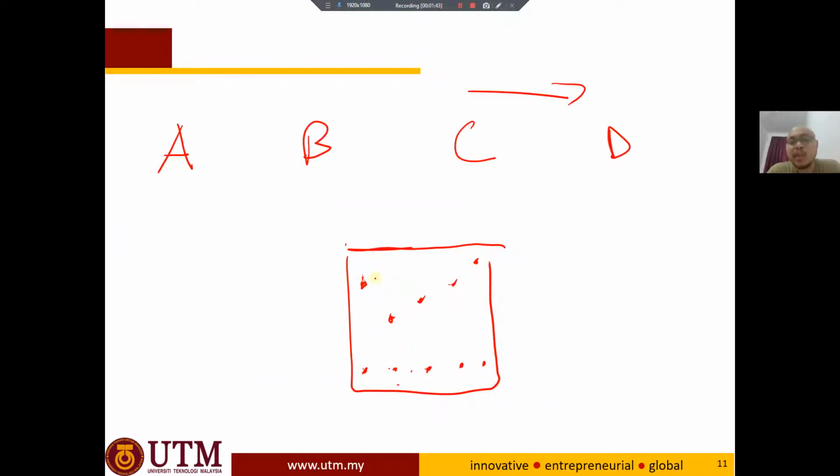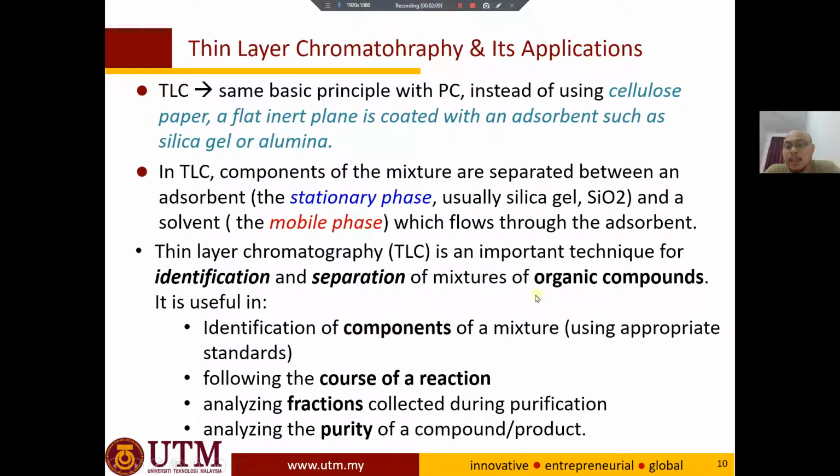It means that the process only reaches up to C. So here A, B, C, right? The process is up to C, so it's still not complete up to D. So you need to continue the synthesis process. That is how we can use TLC, based on the second point of the application.